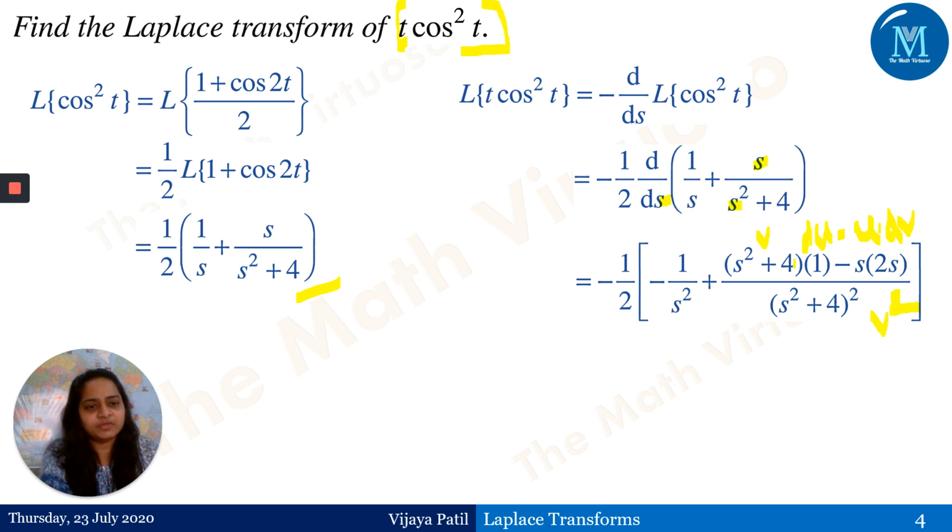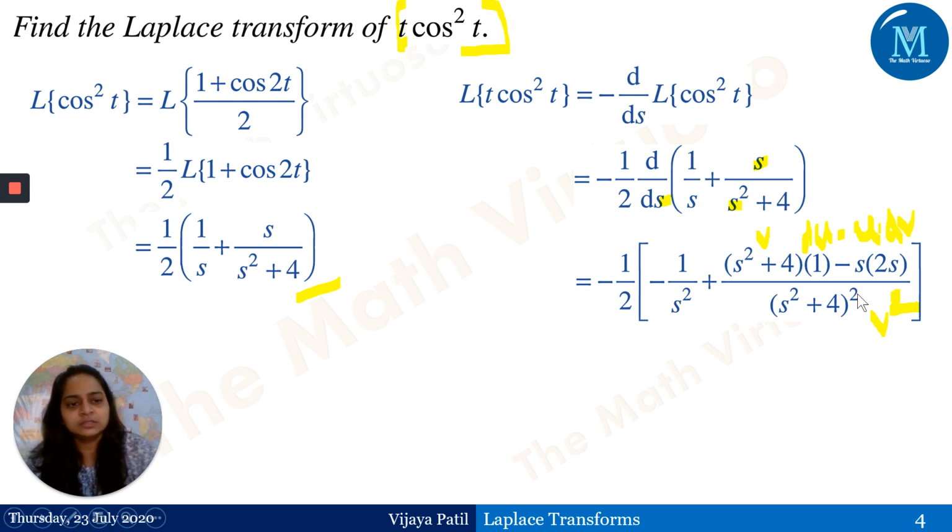So what is my v? V in this case is s square plus 4, and u is s. So let me write it down: s square plus 4 into the differentiation of u with respect to s, that is the differentiation of s giving 1, minus s as it is because of this u, into 2s because the differentiation of v gives 2s, divided by v square, that is s square plus 4 the whole square.